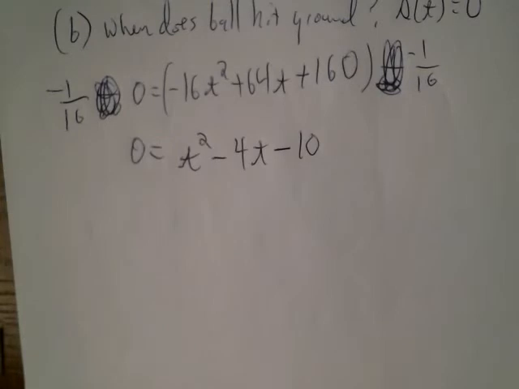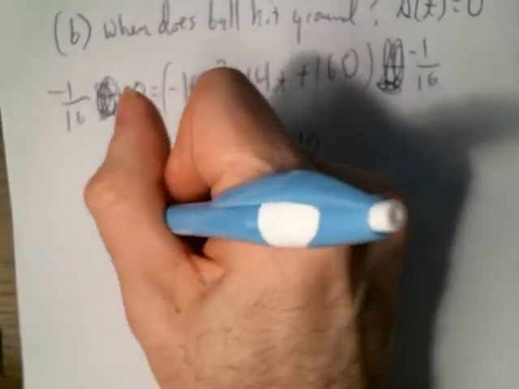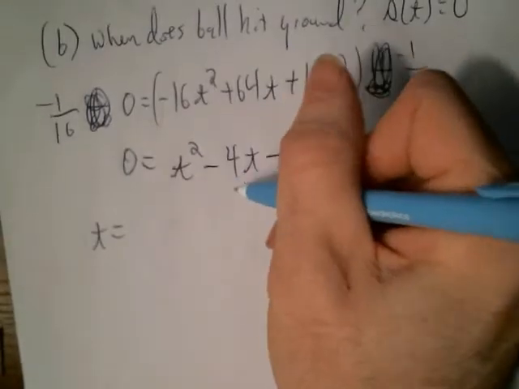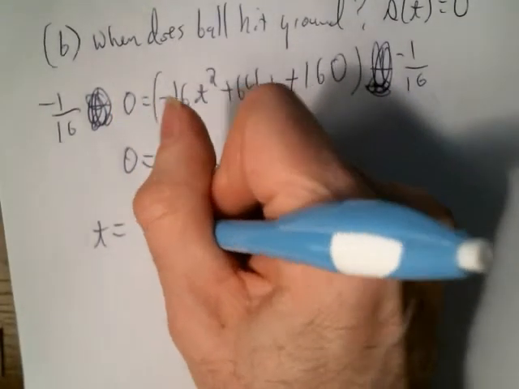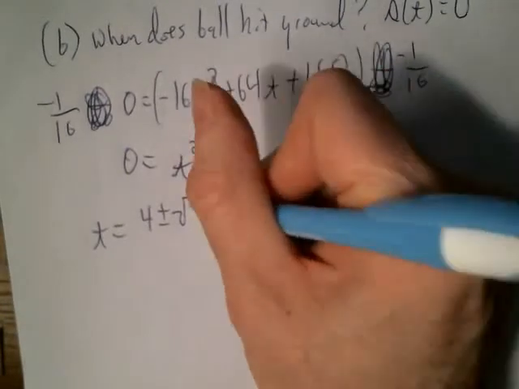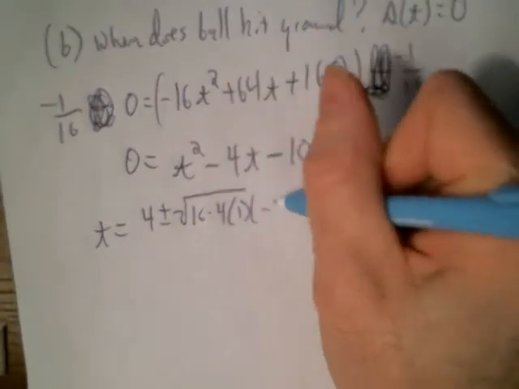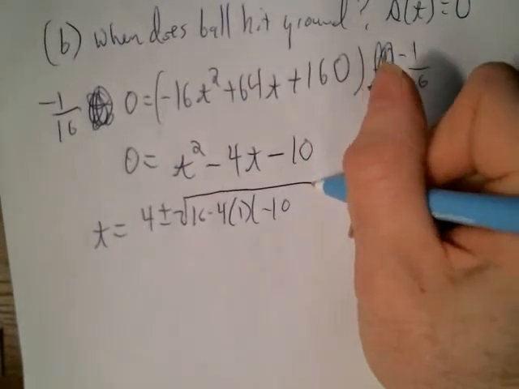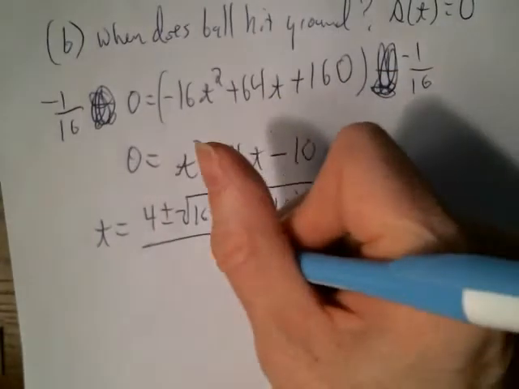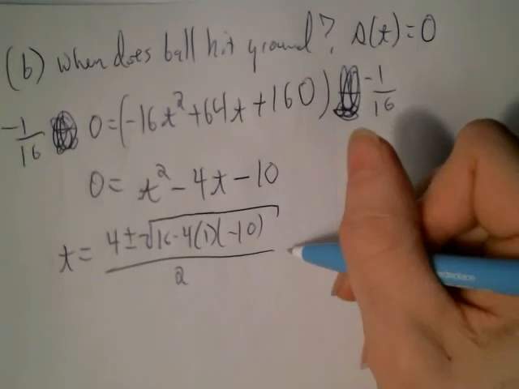We're not going to be able to factor that, sadly, so we'll have to go to our quadratic formula. So t is negative b, so negative 4 is 4, plus or minus the square root of b squared, which is 16, minus 4 times a times c, all over 2a. 2 times 1 is 2.